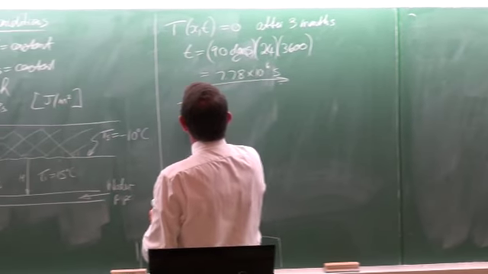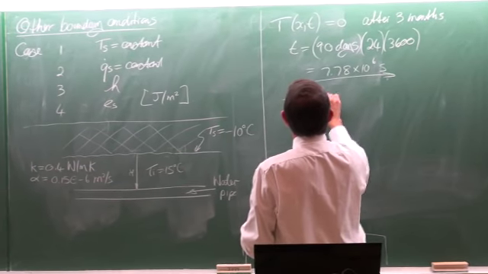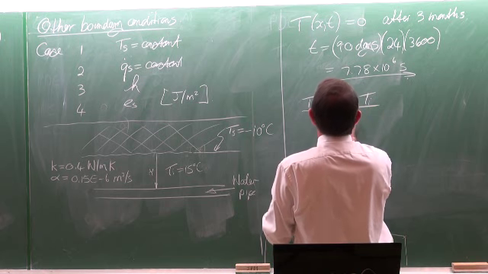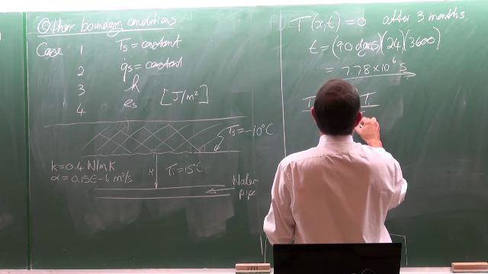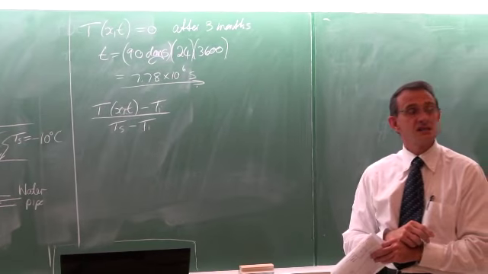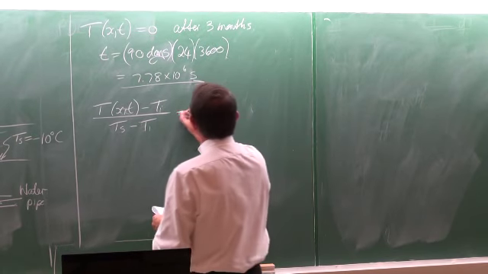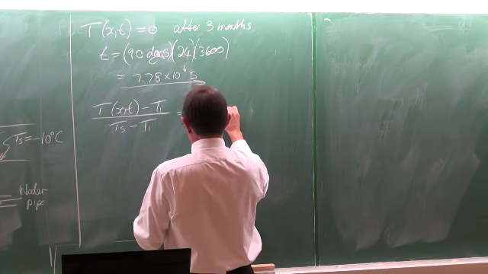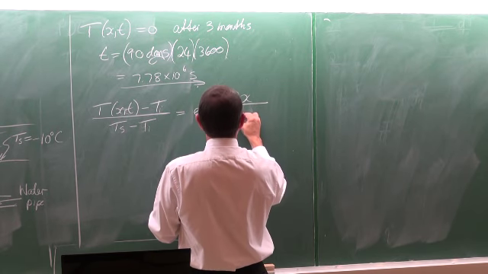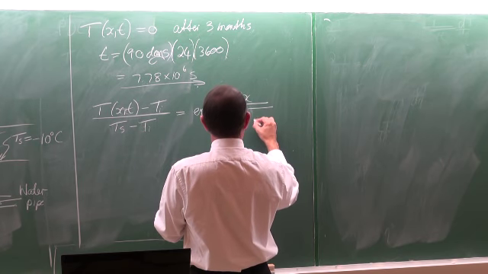Okay, so let's calculate the non-dimensionalized temperature. The temperature minus Ti divided by Ts minus Ti is equal to the complementary error function of x divided by 2 times the square root of alpha t.